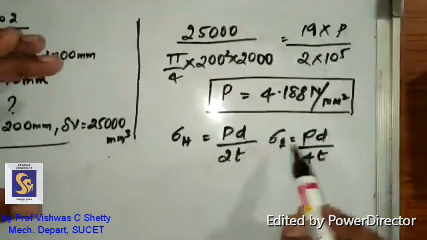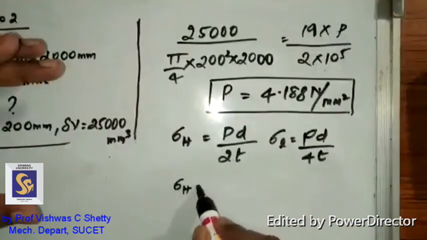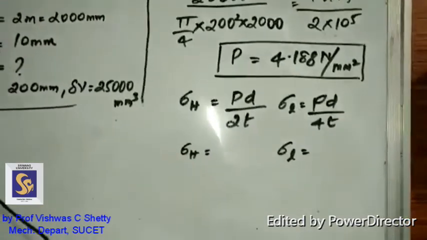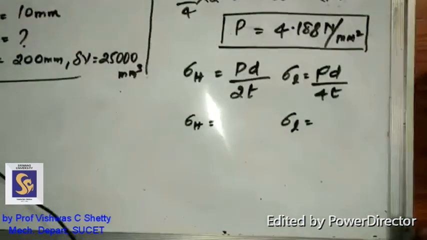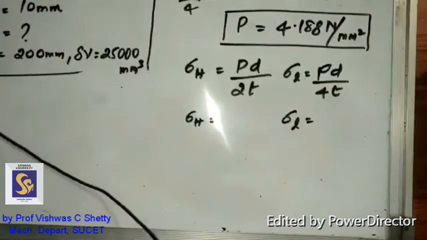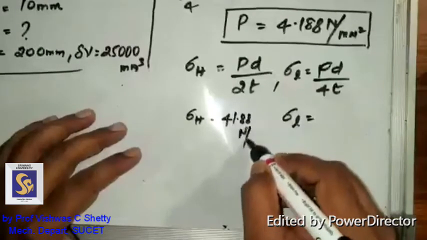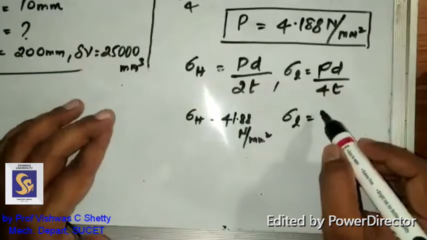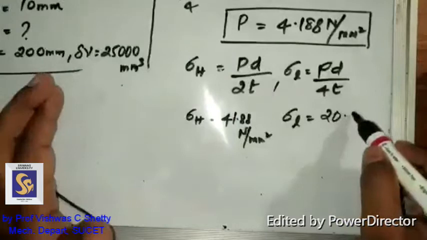If you take these two equations, you will get the hoop stress as 41.88 Newton per millimeter square, and sigma L is 20.94, half of this, correct.